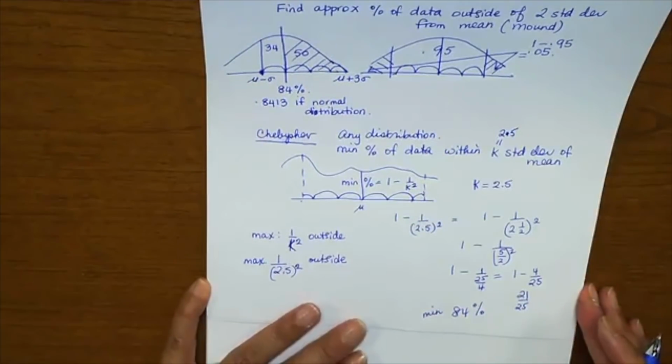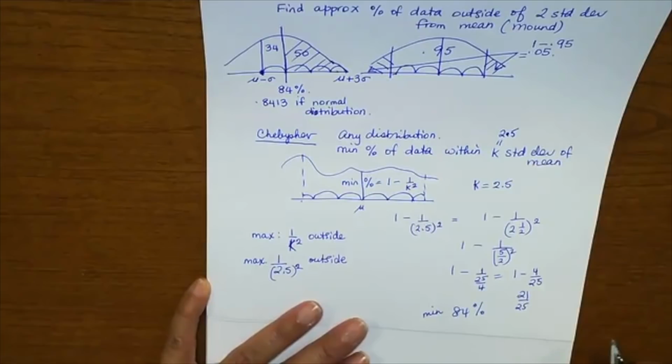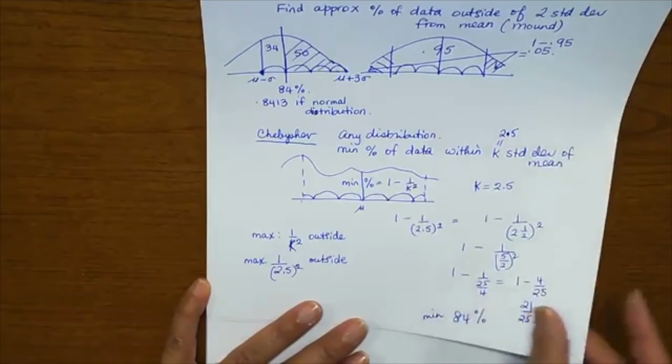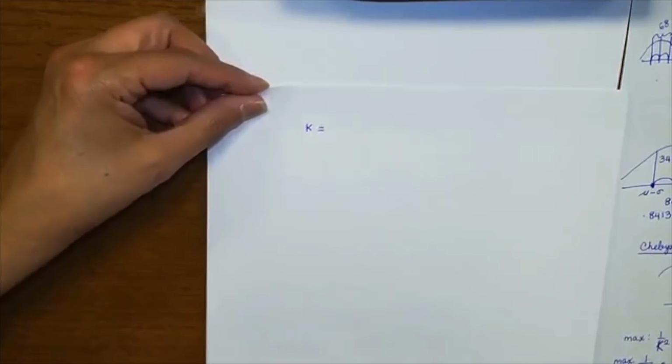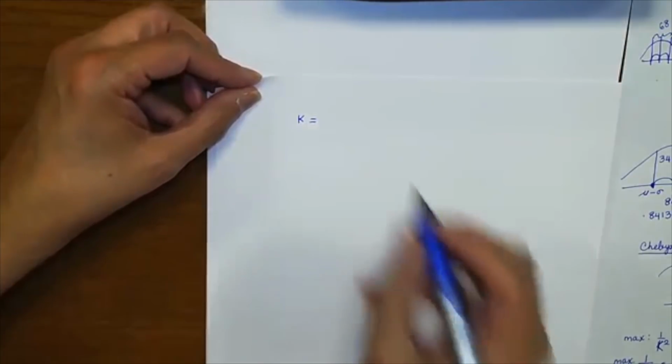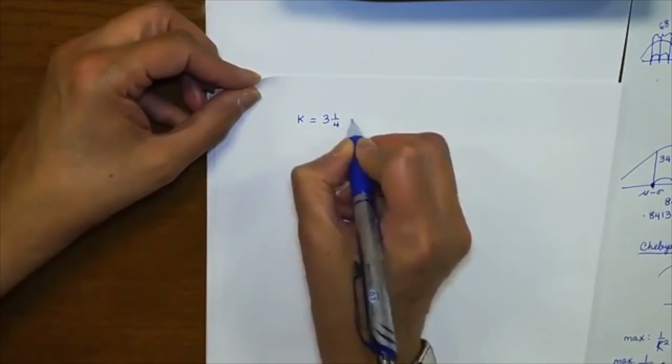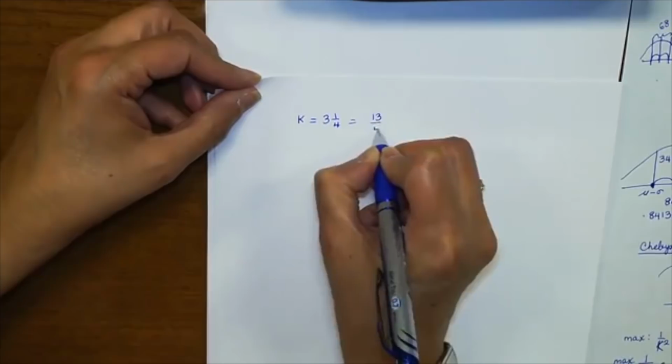Any other question? Will it ever be more than 3 standard deviations for Chebyshev? Yeah, it can be. So suppose it's 3 1/4, right? So you would go like this. k equals 3 1/4. So this is 13 over 4.